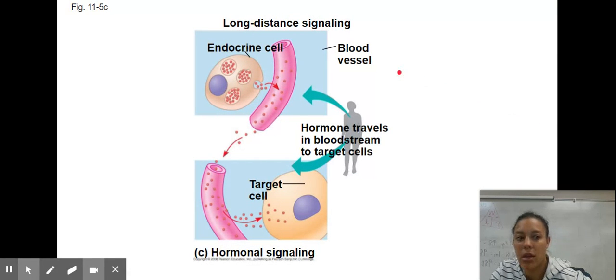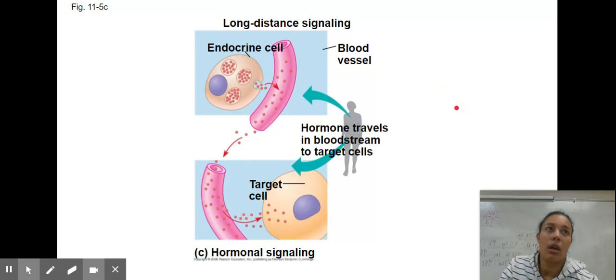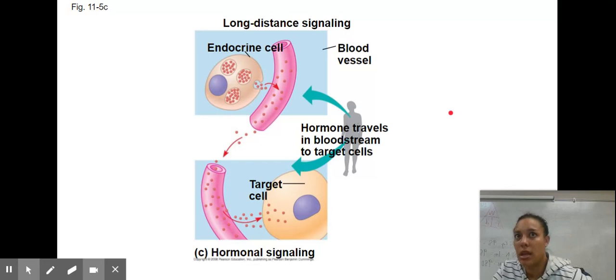So that was paracrine. Endocrine is going to be our long distance signaling, and that's associated with hormones. Think of the pancreas and insulin and blood sugar levels. The pancreas can release insulin, and that can travel to different parts of the body to balance it out.